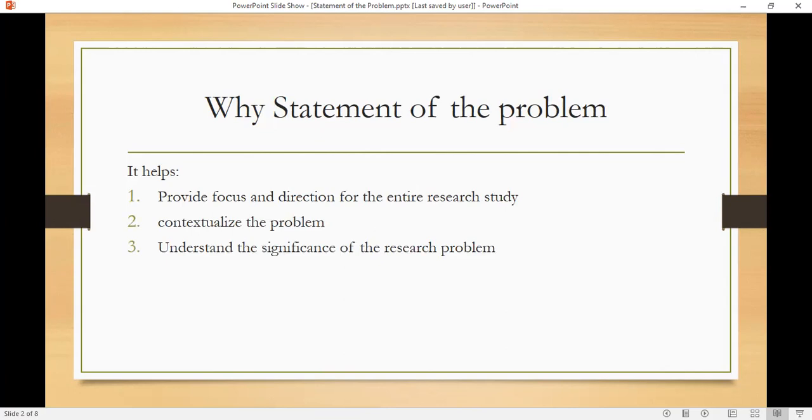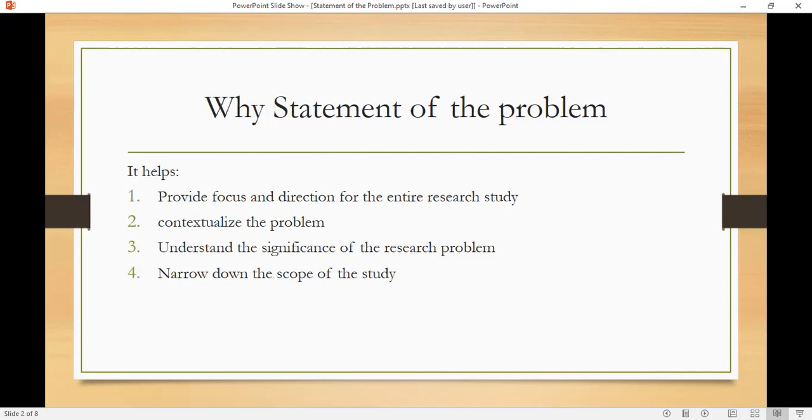By reading your statement of the problem, the reader of your project, dissertation, thesis, or research paper can understand how significant the problem is. I mean, how worthwhile the problem is. It also helps narrow down the scope of the study.